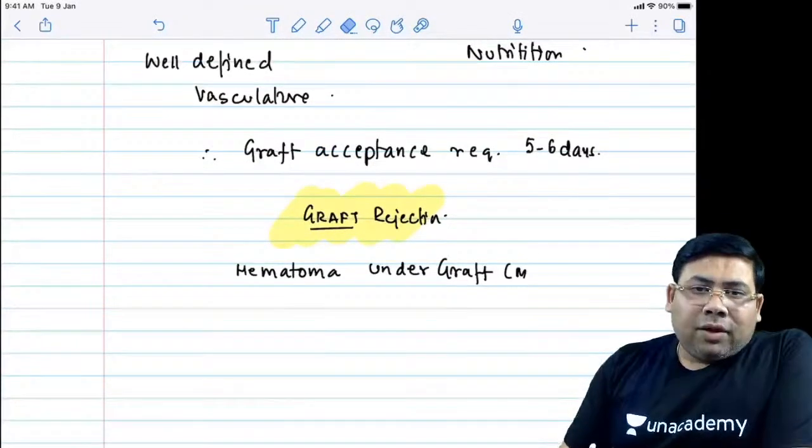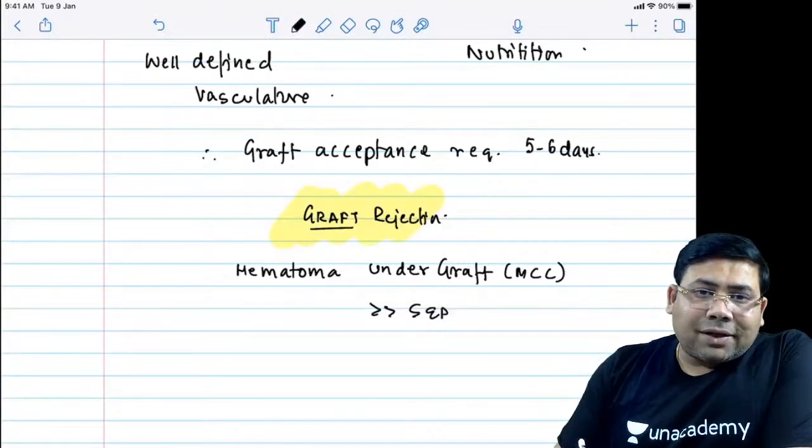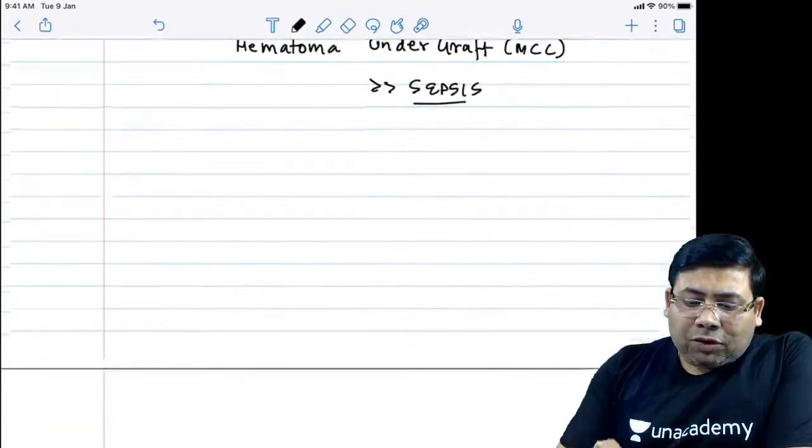Okay. So hematoma under the graft is the most common cause, greater than sepsis.